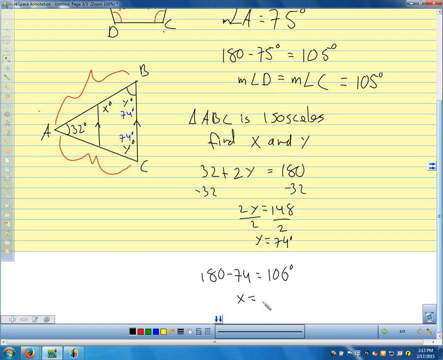So X equals 106. We started off working with a triangle, ended up working with a trapezoid or just a parallel segment. Questions there?